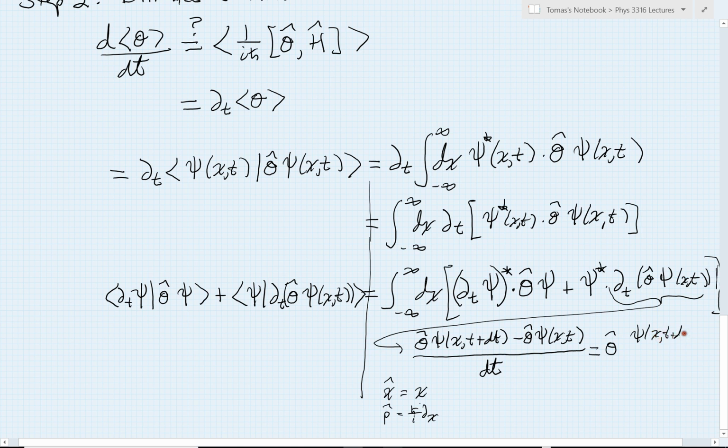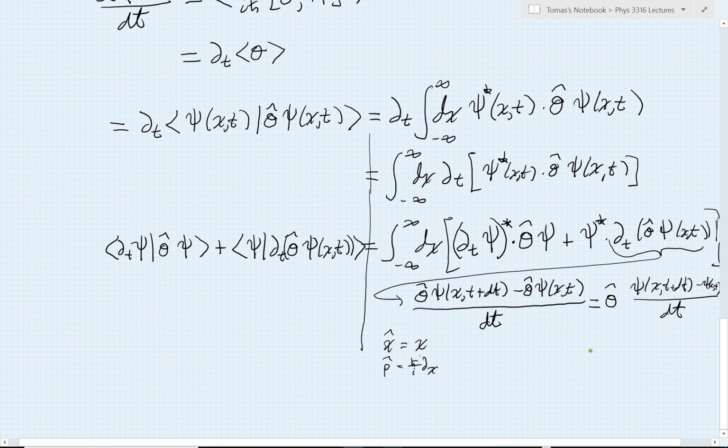action that has to do with taking a derivative, this is psi of x and t, divided by dt. All of that action happens now inside my operator, and hopefully now you recognize that this quantity here is really nothing other than the derivative of psi with respect to t. So this becomes O hat times the time derivative of psi is what actually goes into this term.